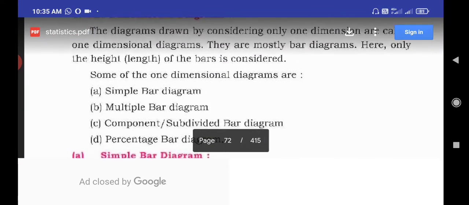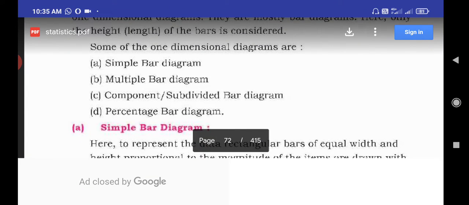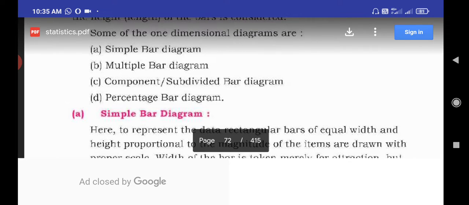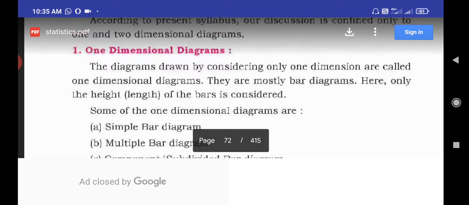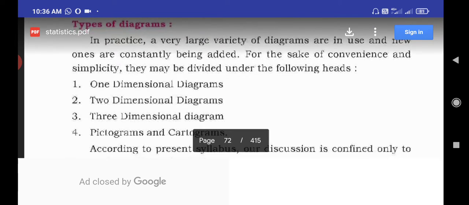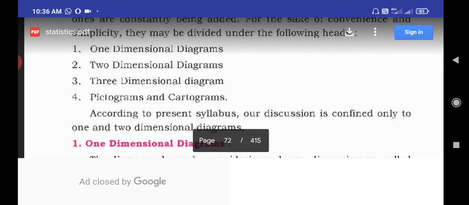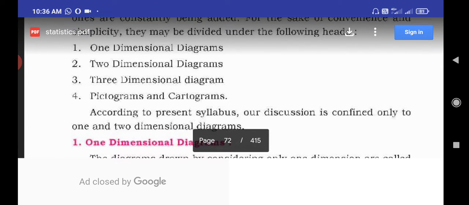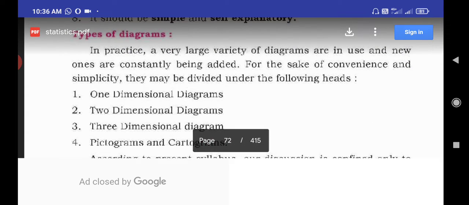One dimensional diagrams, there are 4 types: simple bar diagram, multiple bar diagram, component or subdivided bar diagram, and percentage bar diagram. These are the one dimensional diagrams. Types of diagrams, we have 4 types: one dimensional, 2 dimensional, 3 dimensional, and pictograms and cartograms. Okay students, these are the types of diagrams.